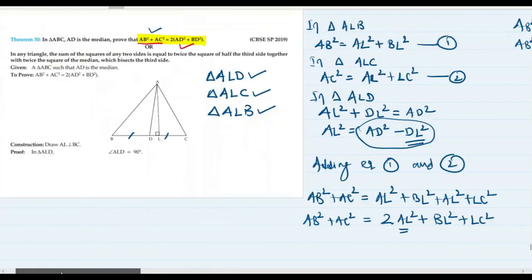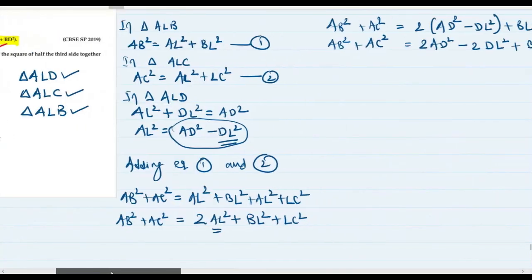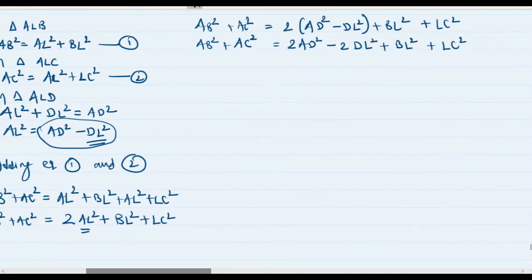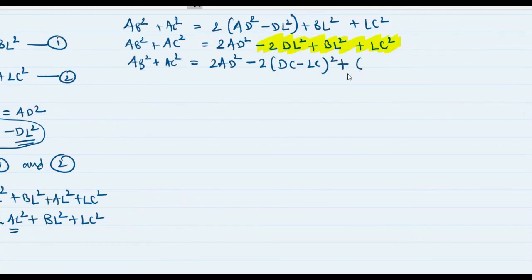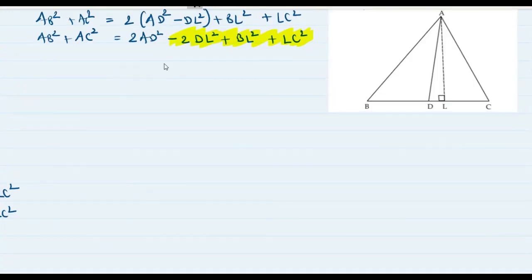But what we have to do is transform these terms into plus 2BD square. How do we do that? We have to find some relationship, some common link between all these terms and BD square. Just a moment. Okay, now we have the figure, so it is easy.